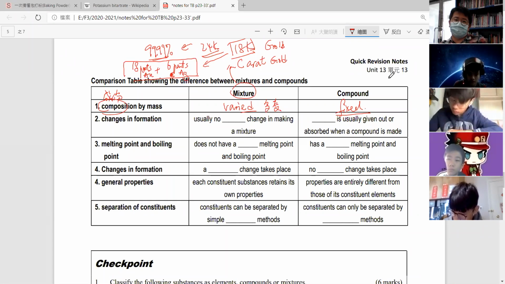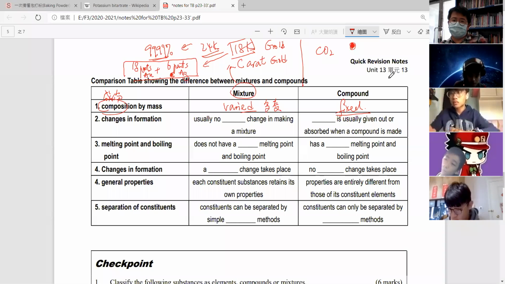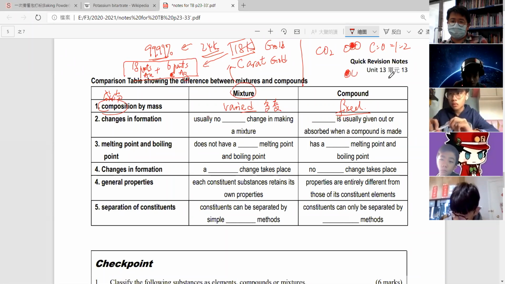For example, if you want to talk about carbon dioxide, I'll write it as CO2. Why? It's because carbon dioxide has one carbon atom and two oxygen atoms mixed together. So the ratio must be 1 to 2. But you may also think of carbon monoxide, where the carbon to oxygen ratio is just 1 to 1.